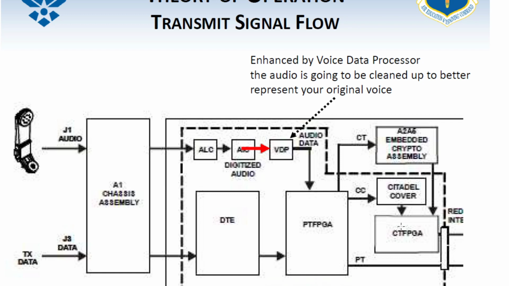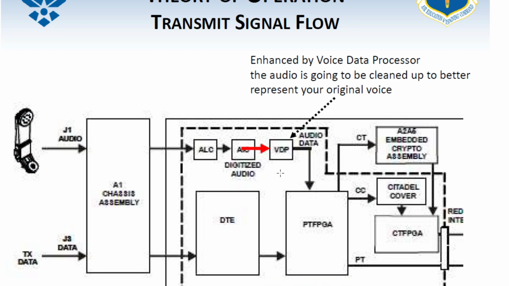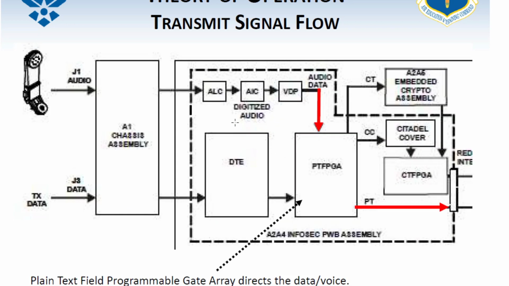You can intercept the audio line if they hook it into the front of the CSA or the CSM, and as you guys are talking through there, it doesn't have one of these VDP things inside of it, because it's not designed for that. So it can't make the voices coming through sound like the original voice. It doesn't have the small circuitry that's inside of the radio. So you guys will sound like you're talking into a voice changer. Male, female, whatever, it all sounds the same. That's interesting that they didn't do that. I thought they did that for y'all.